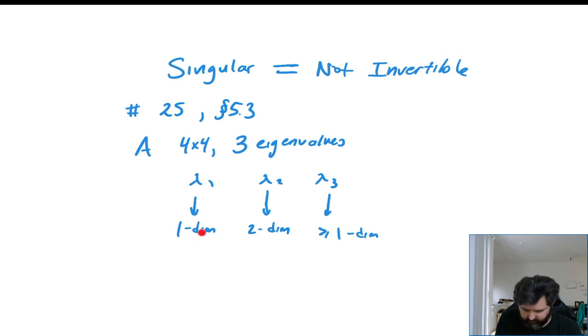Basically, if all of the eigenspace dimensions add up to the number of rows or columns, since we only talk about square matrices being diagonalizable, so if these add up to 4, then it will automatically be diagonalizable. So if you know that one of the eigenvalues has a two-dimensional eigenspace, you're done. The only way it could be one-dimensional is if all 3 of them were one-dimensional. Does that answer your question?